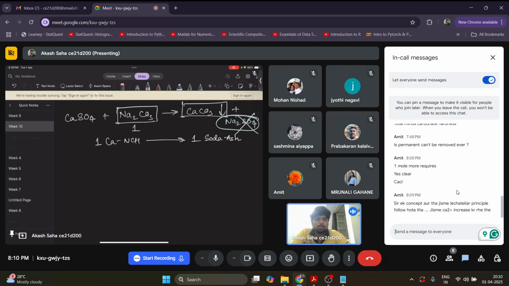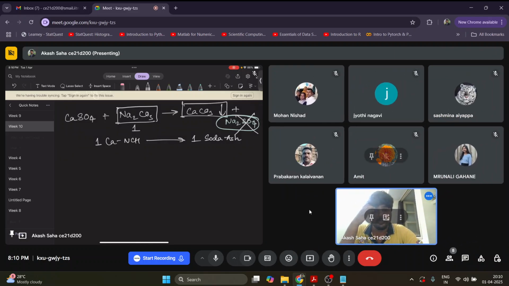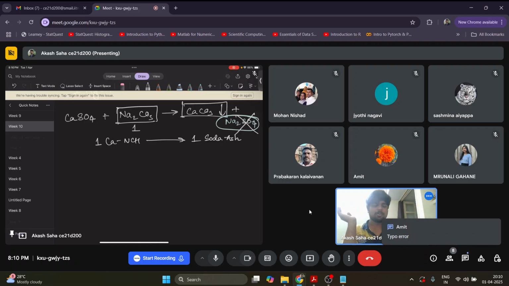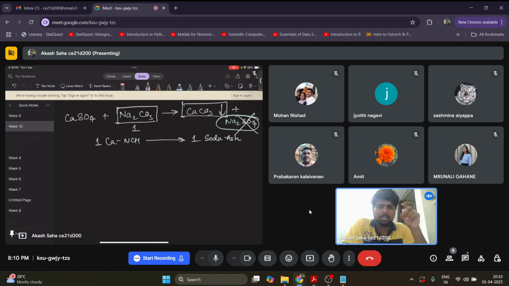I think you are mixing up two concepts. That is about undersaturation and oversaturation, which is not related to this lime soda. So let's not talk about it now.